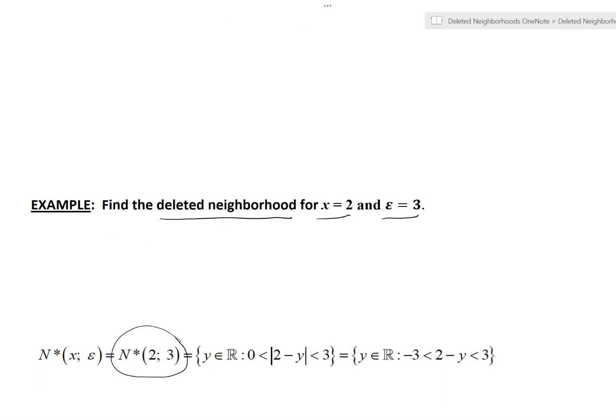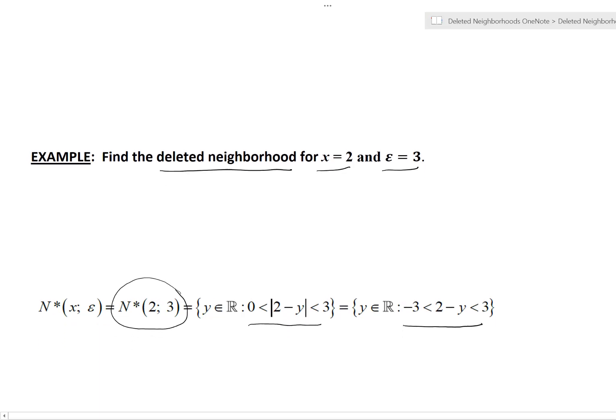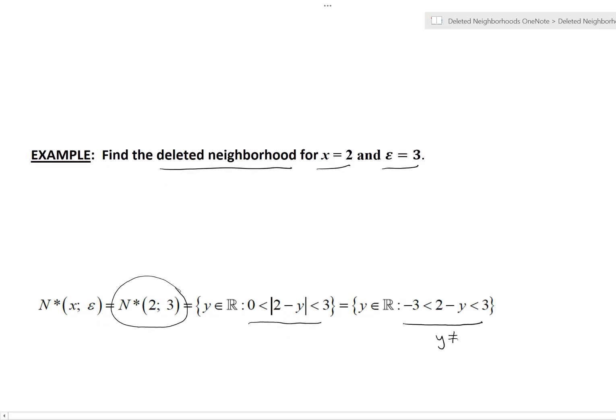So using the inequality within the restrictions, we get that we're looking for a collection of y's so that the magnitude of 2 minus y is less than 3 but positive, which is the same thing as saying the collection of these y values, noting that y cannot be equal to 2, right? y cannot be 2.